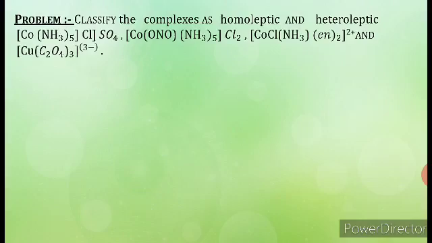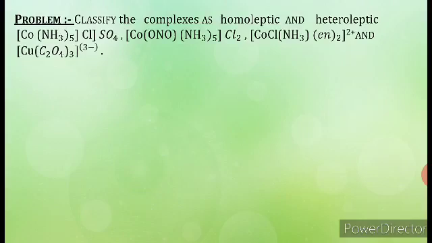Cu, it's not the copper complex. I have written it as it is to rectify the problem. So it should not be copper. It should be cobalt. Chromium is also possible, cobalt is also possible.